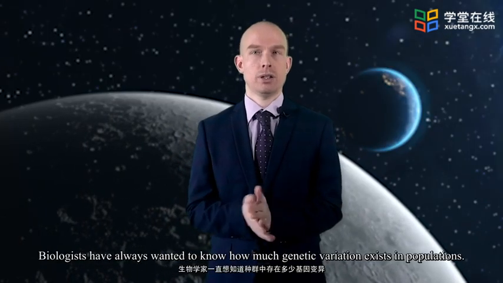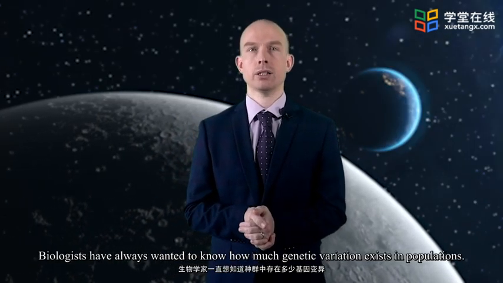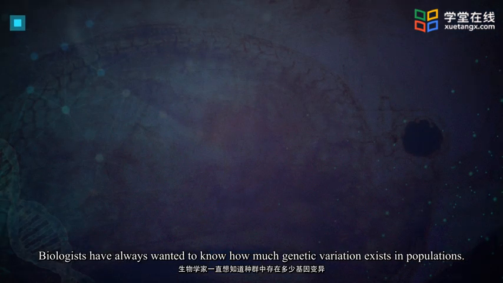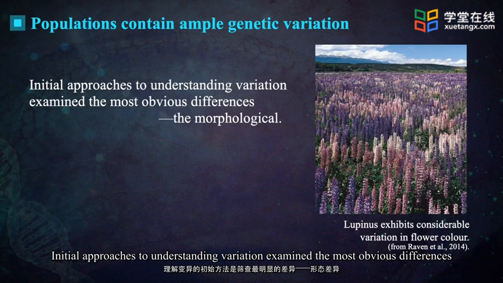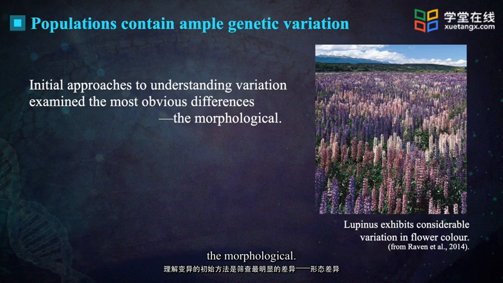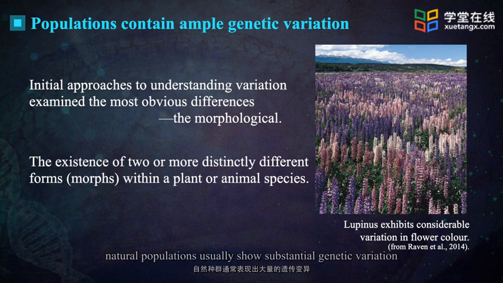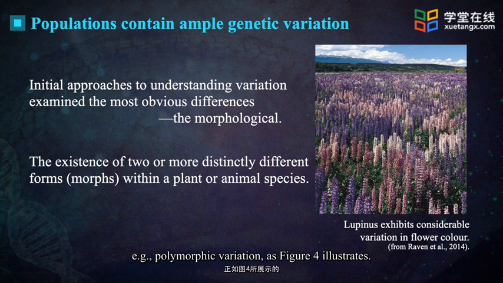Biologists have always wanted to know how much genetic variation exists in populations. Initial approaches to understanding variation examined the most obvious differences, the morphological. At this level, natural populations usually show substantial genetic variation, e.g. polymorphic variation, as Figure 4 illustrates.